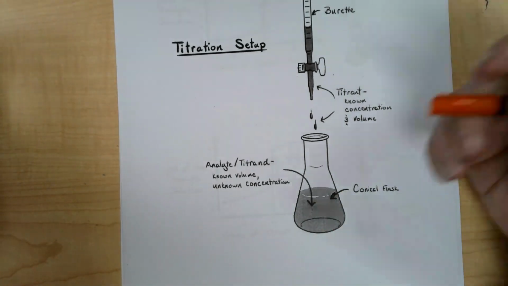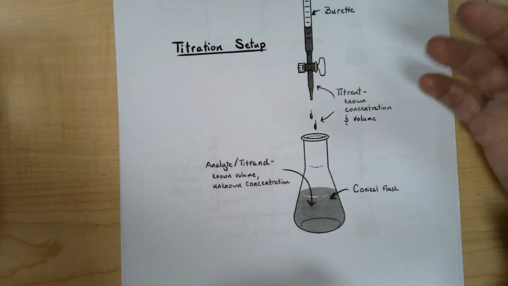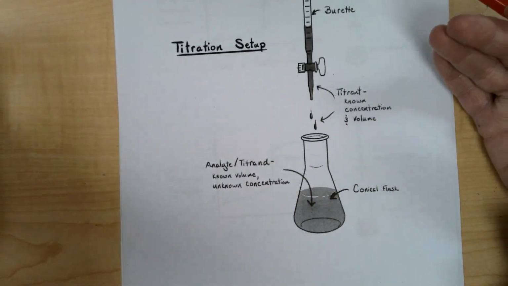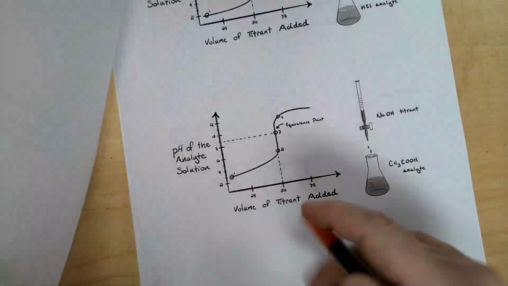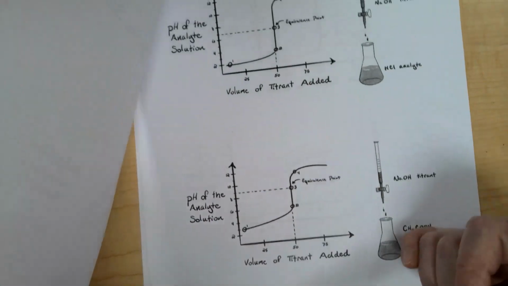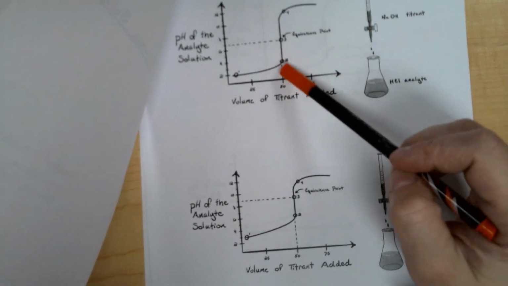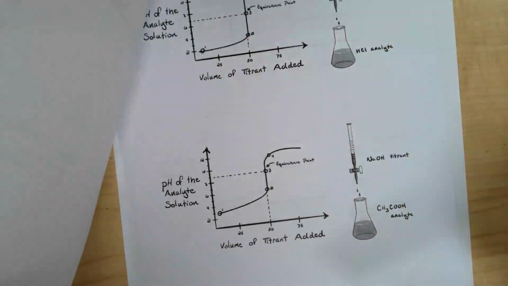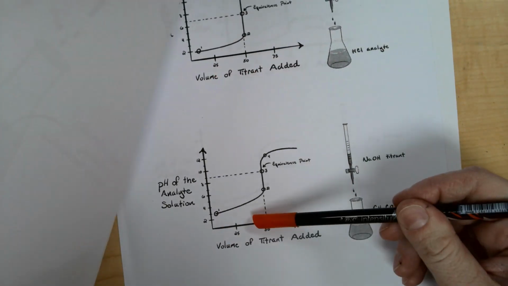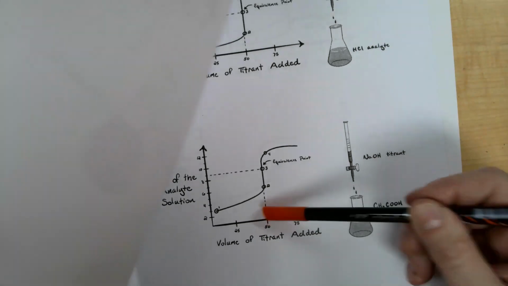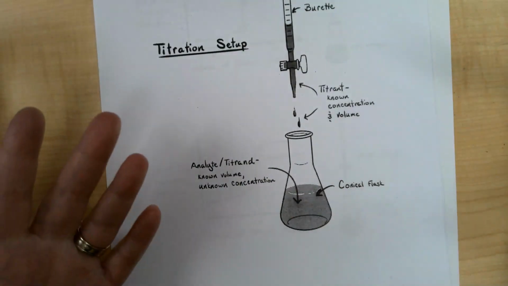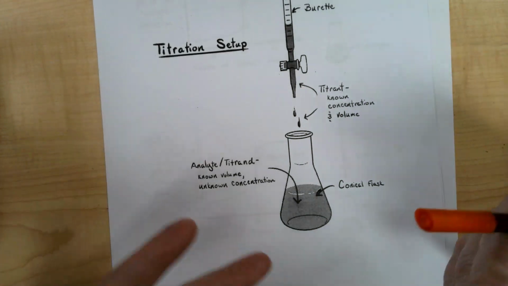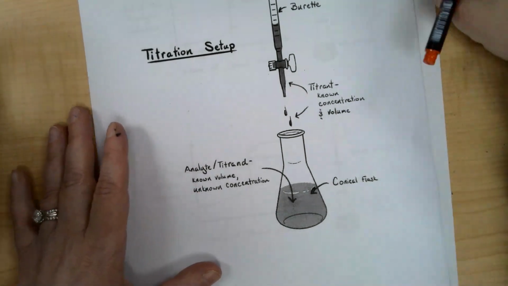Different indicators will turn a certain color at a certain pH. We're going to learn how to tell which indicator we should put in, because that depends on where your equivalence point would fall. If you choose the wrong indicator, you might miss the color and not be able to figure anything out.